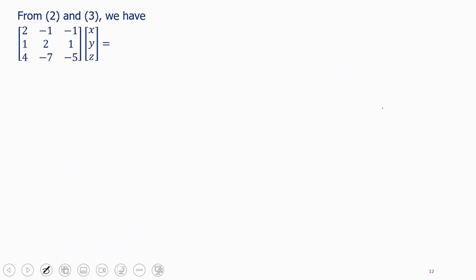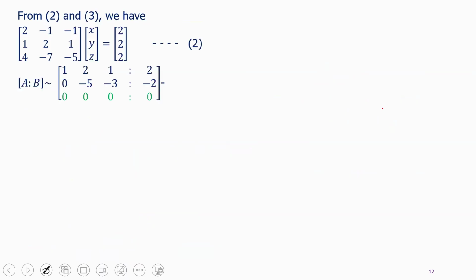So let me again use equation number 2 and equation number 3. This is equation number 2 and this is equation number 3. What we have to do is replace this coefficient matrix by this coefficient matrix, and the constant matrix is replaced by 2, minus 2, 0.